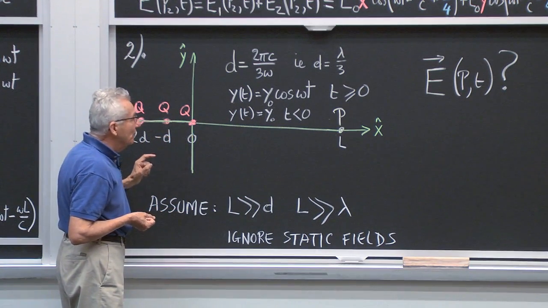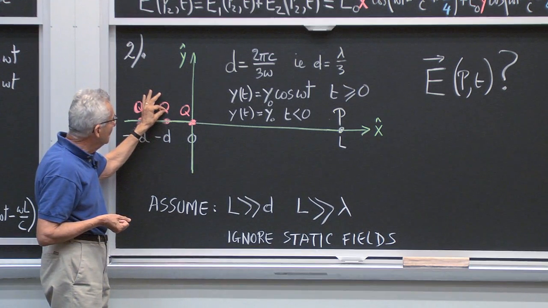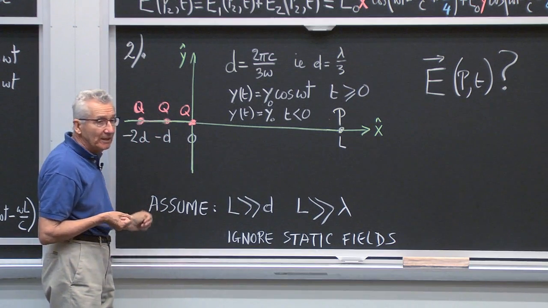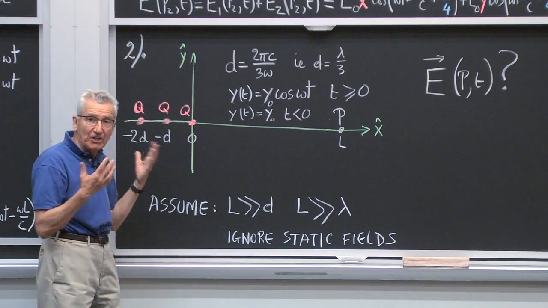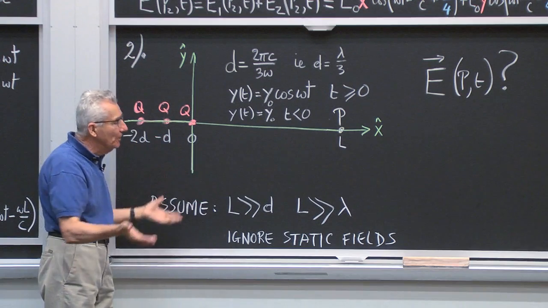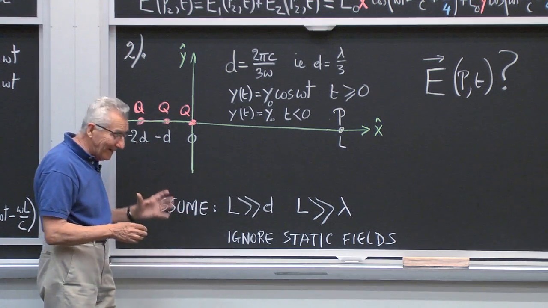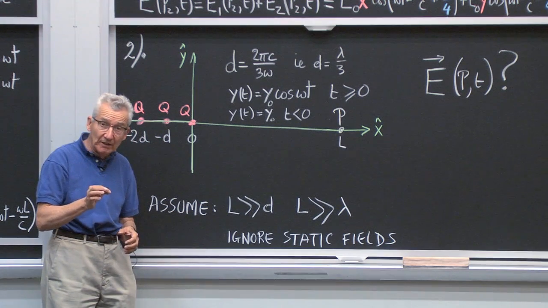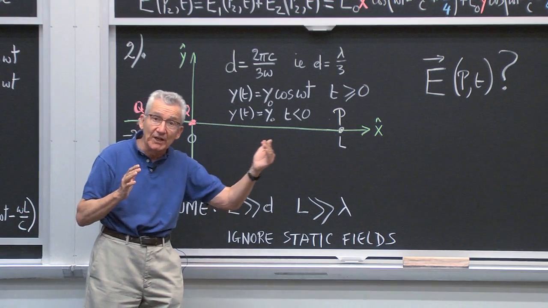How about this charge? This charge initially is displaced at y0. Then it starts oscillating, the same. Initially, it's stationary. It'll produce a Coulomb field, which is a static field. We're not interested in it. But once it starts accelerating, it starts radiating, and that radiation progresses.